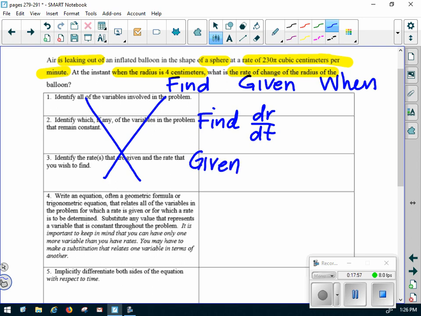what am I given in the problem? I'm given dV dt. And what is dV dt? Negative 230 pi.